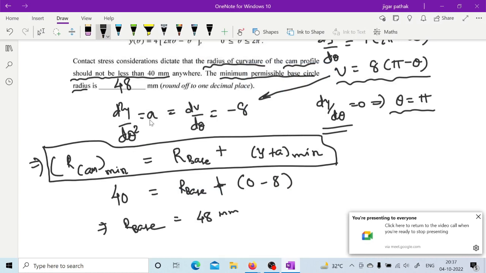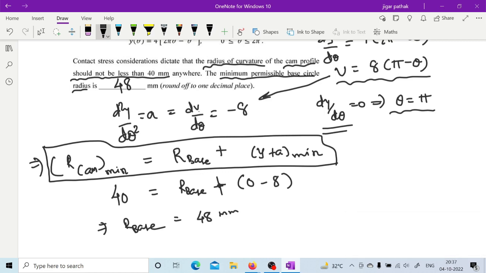Here d square y upon d theta square, that is a, which is dv by d theta. Student: Yes, sir. But if we directly do the second derivative, I was not able to find the answers. Can you kindly explain the solution again briefly? If you go for the second derivative directly, what is the problem you are facing? Sir, if I get the explanation briefly again, I can understand.